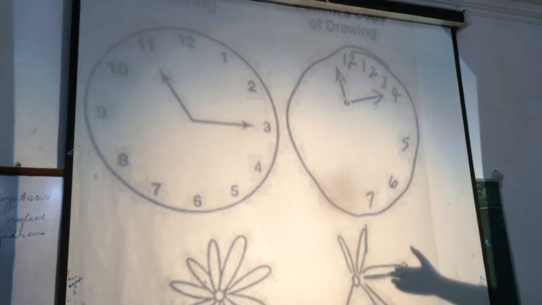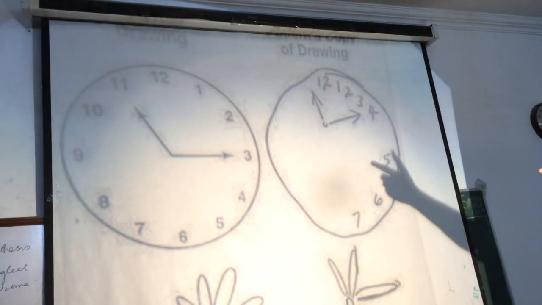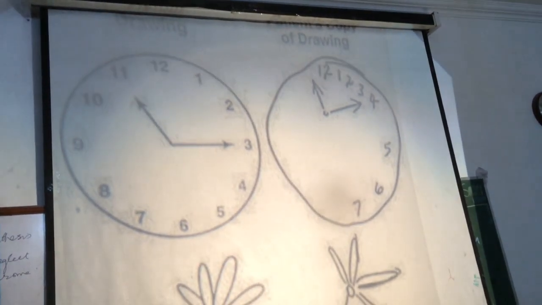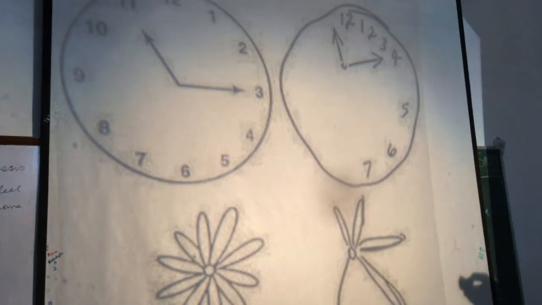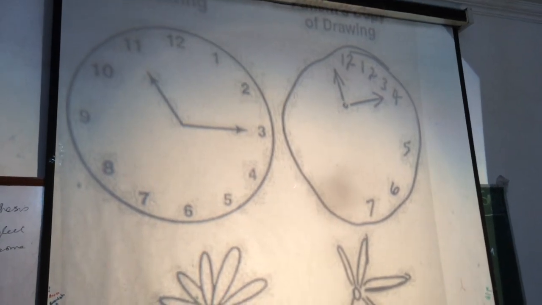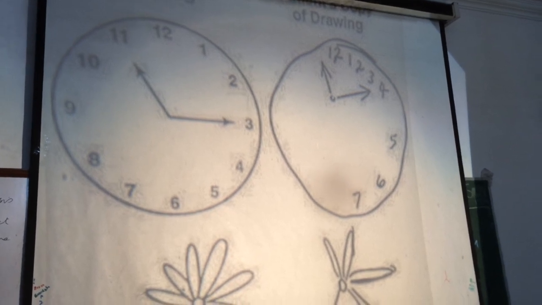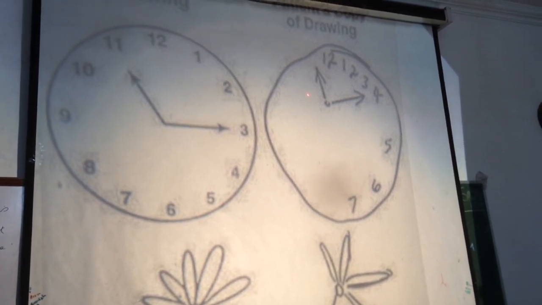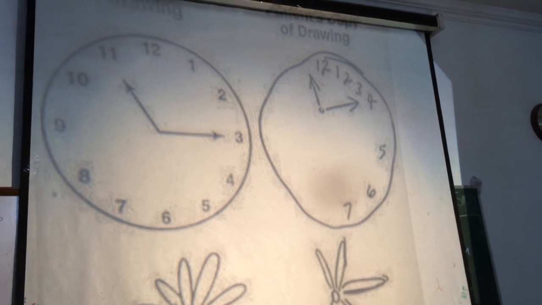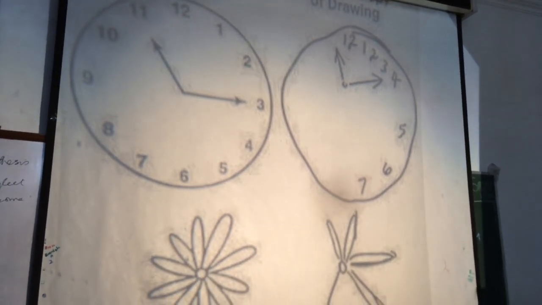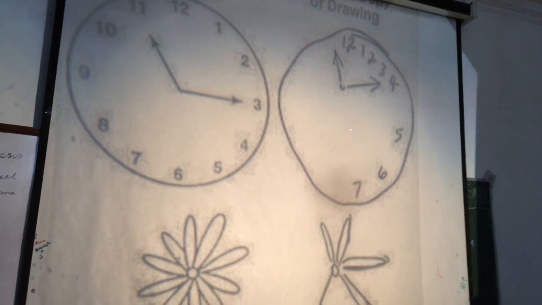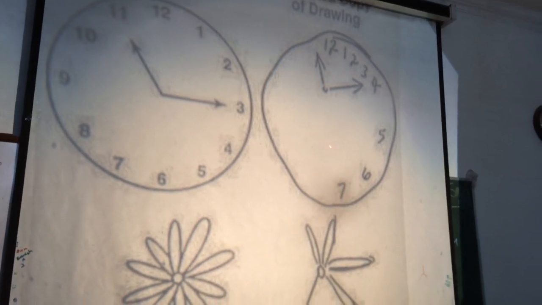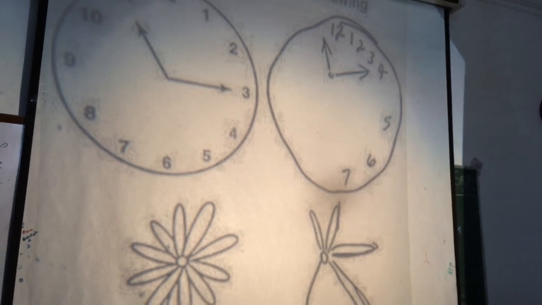Now if he is asked to draw, say, a clock and a flower, this is the normal drawing of the clock, right? And this is the drawing by this patient having a lesion of the right-sided posterior parietal cortex.